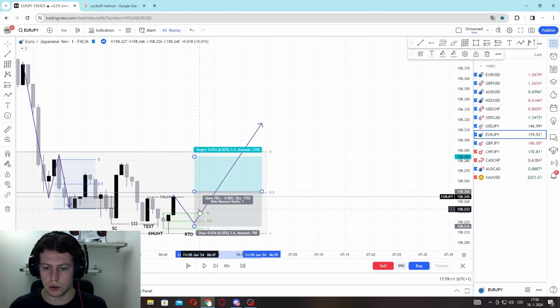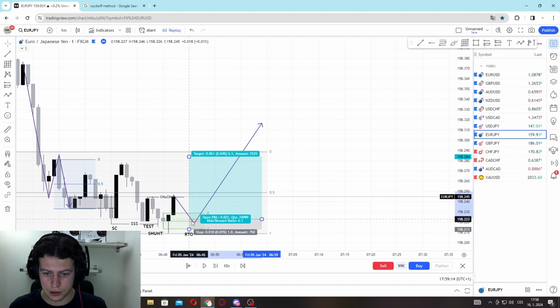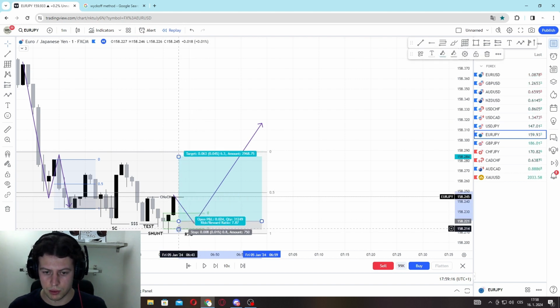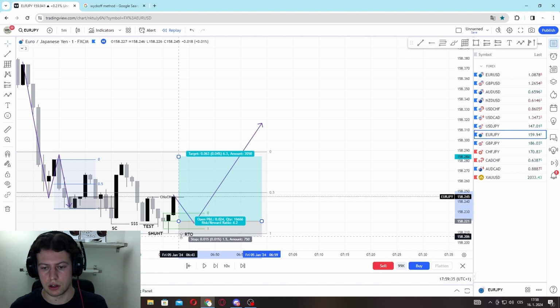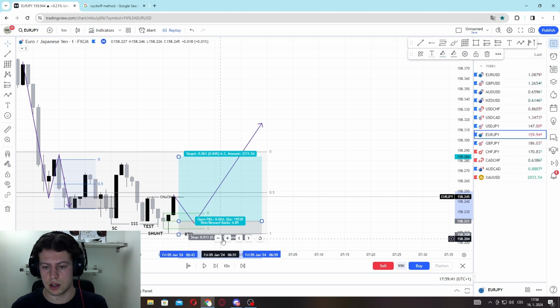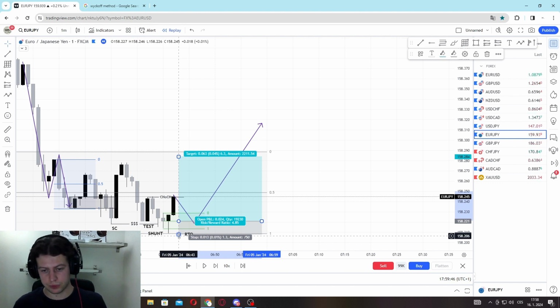So we set our entry right here. We put our stop loss below this liquidity. If you want to be aggressive, you can, but it depends which broker and which spreads you have, so you can have some breathing room, for example 2 pips, or like here it shows us 1.3 pip stop loss, so we can have it like this.